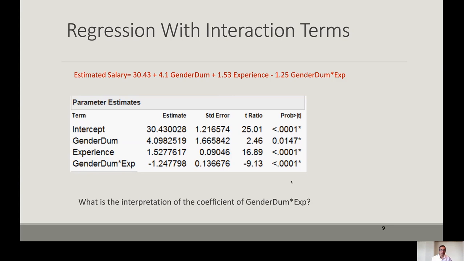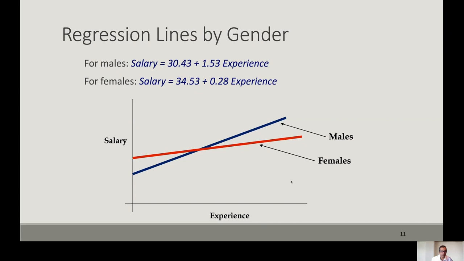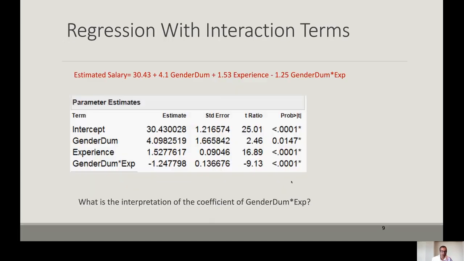So what that means is that the intercept term is not 30.43, rather it becomes 30.43 plus 4.1. So for females, therefore, the intercept becomes 34.53 instead of 30.43 that we had for males, right?